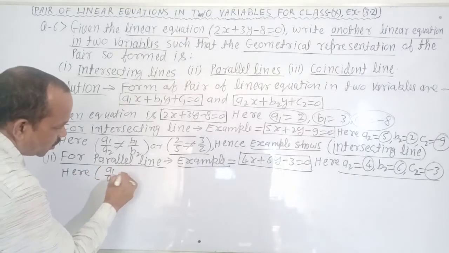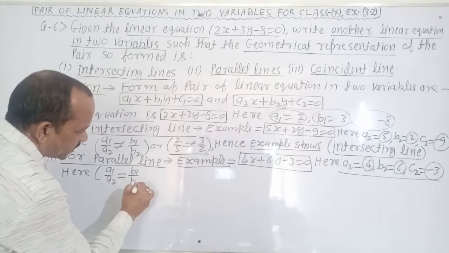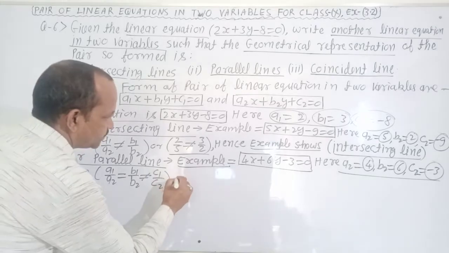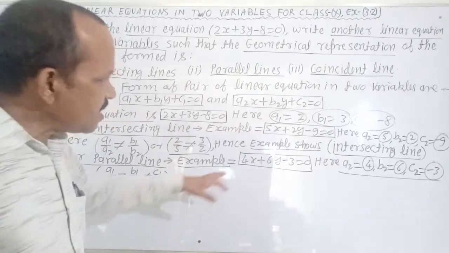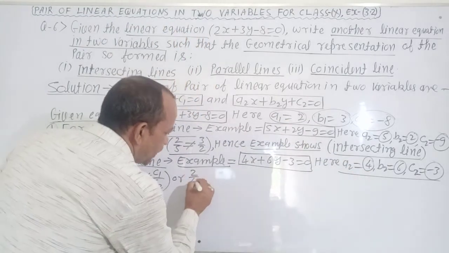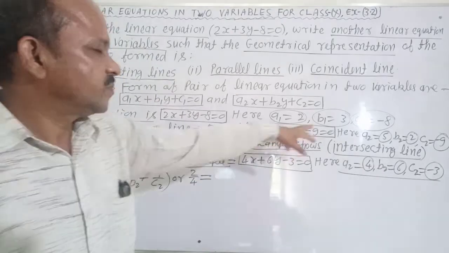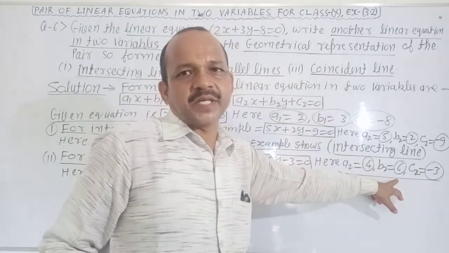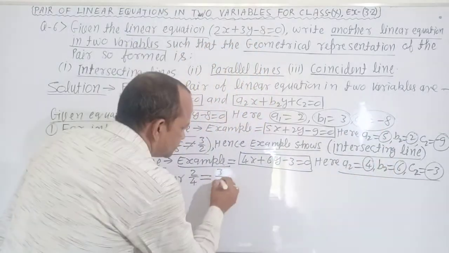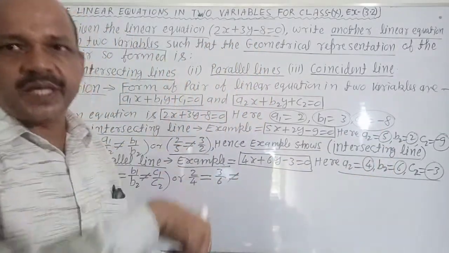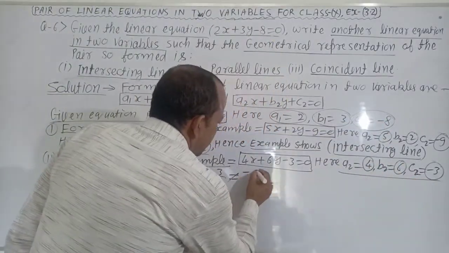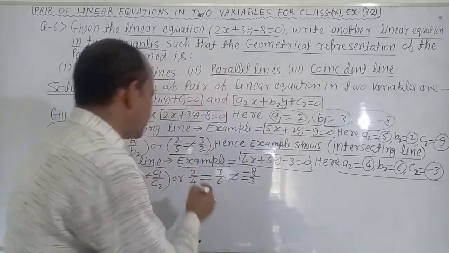Here A1 by A2 equal to B1 by B2 not equal to C1 by C2. A1 by A2 is 2 by 4, equal to B1 by B2, 3 by 6, not equal to C1 by C2, minus 8 by minus 3.